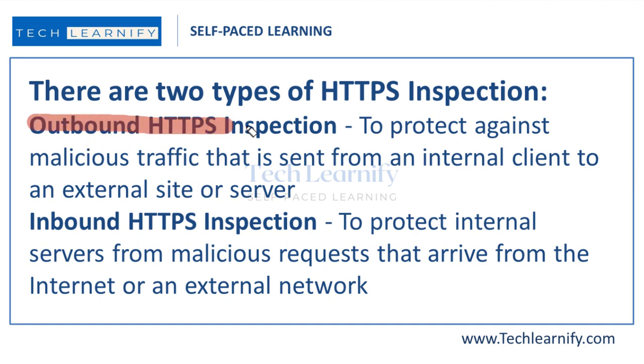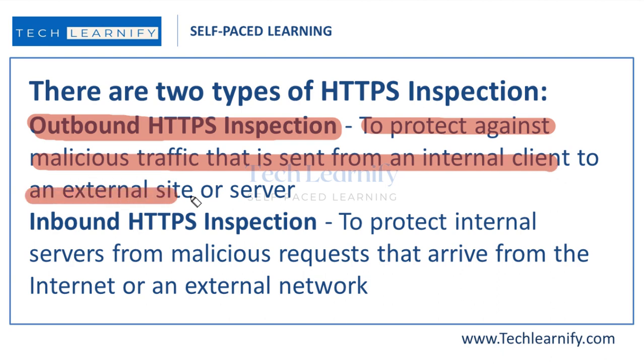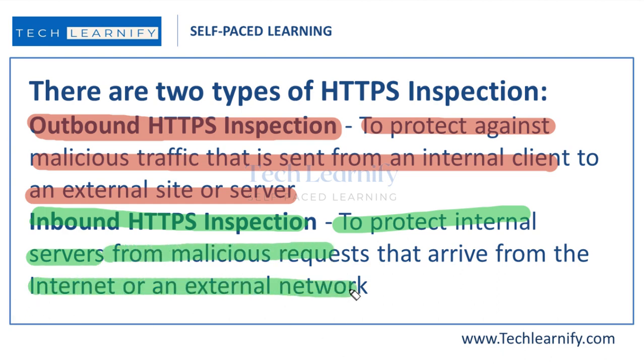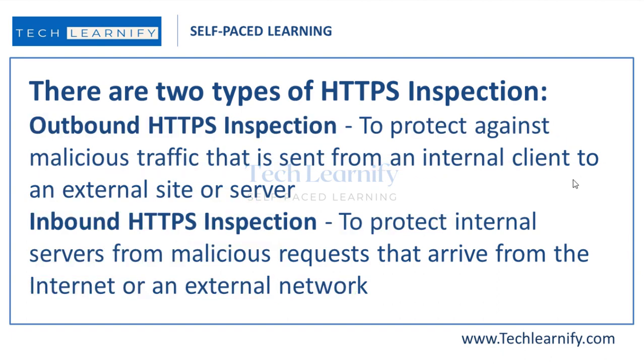One is outbound HTTPS inspection, or SSL Forward Proxy, to protect against malicious traffic sent from an internal client to an external site or server, or to identify applications or sub-applications, or micro-applications. The other is inbound HTTPS inspection, also supported in Checkpoint, to protect internal servers, mainly servers placed in the DMZ, from malicious requests that arrive from the internet or external network.